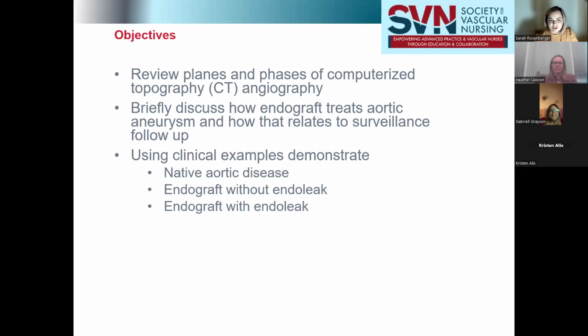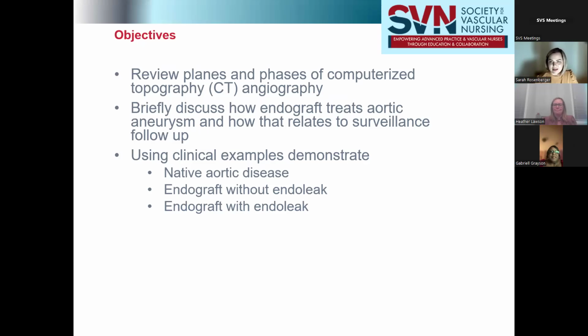As I mentioned, to give us an agenda for our time together, we're going to talk about the planes and phases of computerized tomography, also known as CT angiography or a CTA, so you know when you are ordering it or your patient goes down for this, what images you're getting and how each of those pieces can be used.